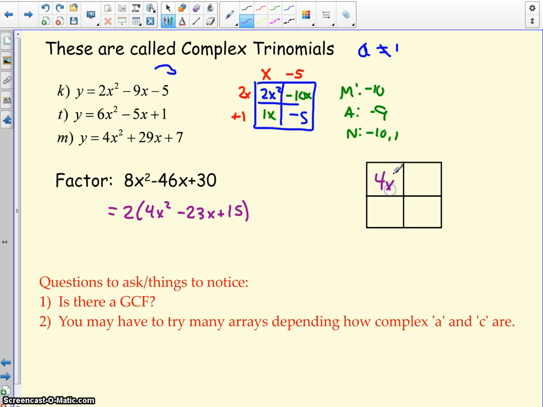Put my 4x squared in here, my 15 down here. So I need two numbers that multiply to a times c. A times c is 4 times 15, which is 60. And these two numbers have to add to my b term, which is negative 23. So after playing around with it a little bit, you'll figure out that those two numbers are going to be negative 20 and negative 3.